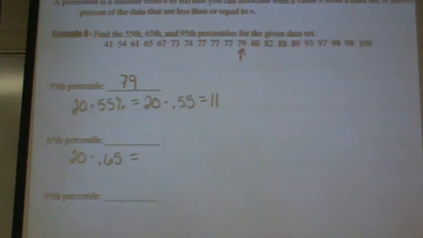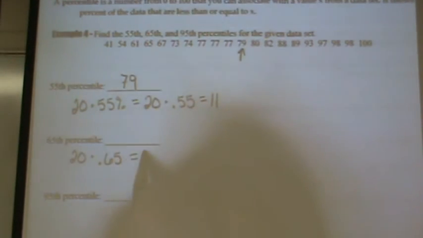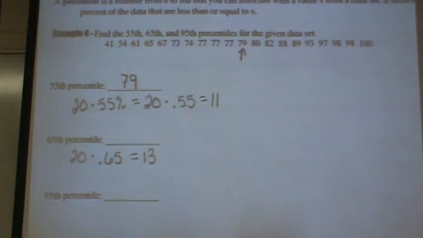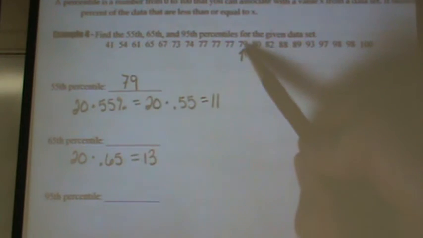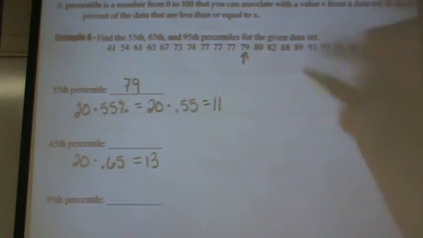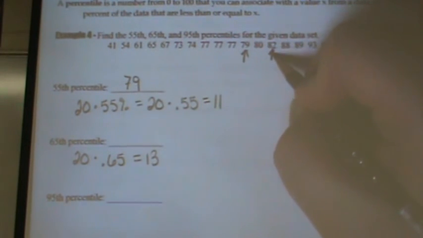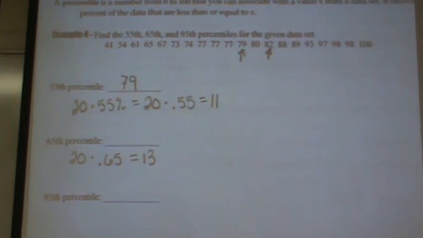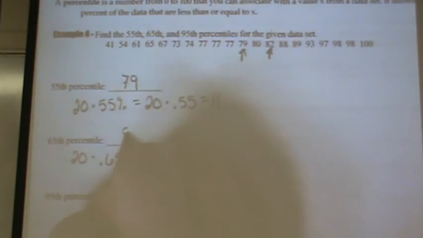So when we multiply through, we should get 13. So this time we want to count 13 values in. So if 79 was 11, this is 12, 13. So 82 is 13 values in. So 82 is our 65th percentile.